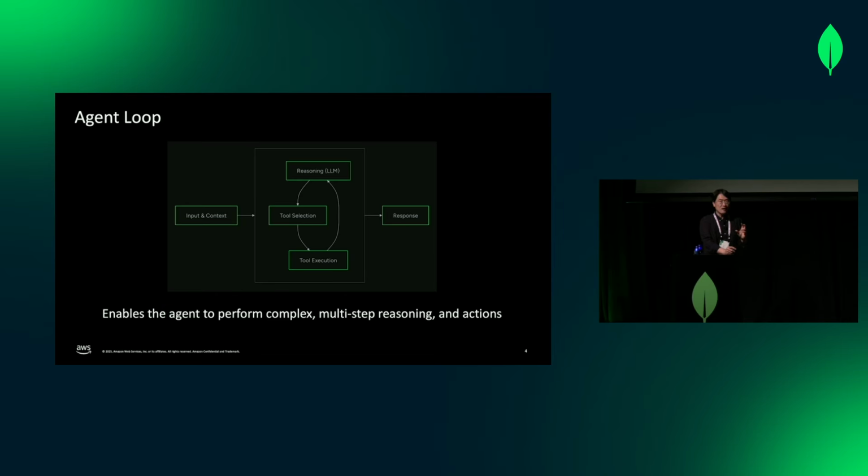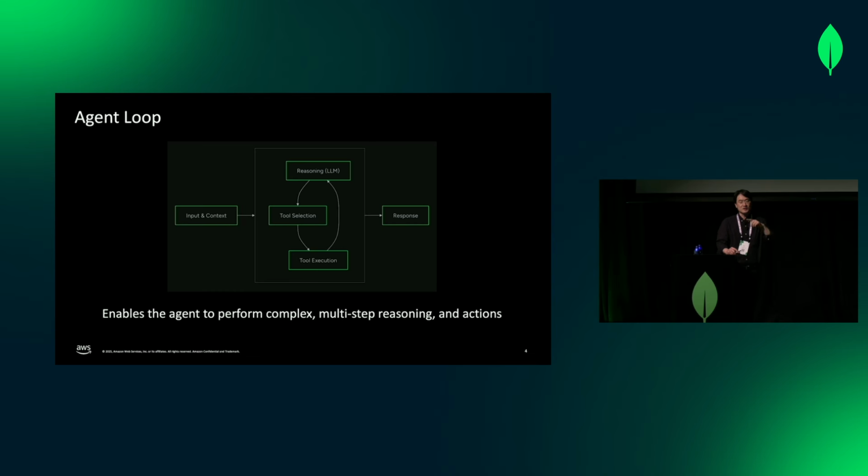All right, at the heart of the agent abstraction, if you look at any open source framework, everybody is tapping into the agent loop. If you look at the actual input going into the model and at this agent loop, there is a reasoning component, the LLM, and it's going to go through the reasoning, come up with the tool selection that it has to execute to get the task done, go ahead and execute the task, and then feed it back to the model.